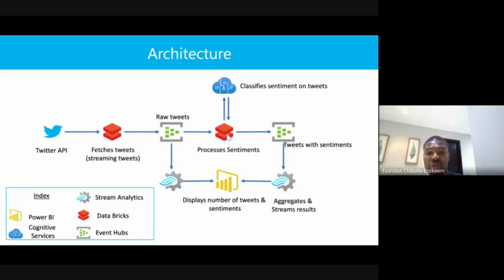We take the tweet and send it to the text analysis service. It gives us a score of what the sentiment is on the tweet. Is it positive? Is it negative? Is it neutral? Then we get it back here, take that tweet together with the sentiment, and send it to a different Azure Event Hub. This one houses the tweets with the sentiments attached.